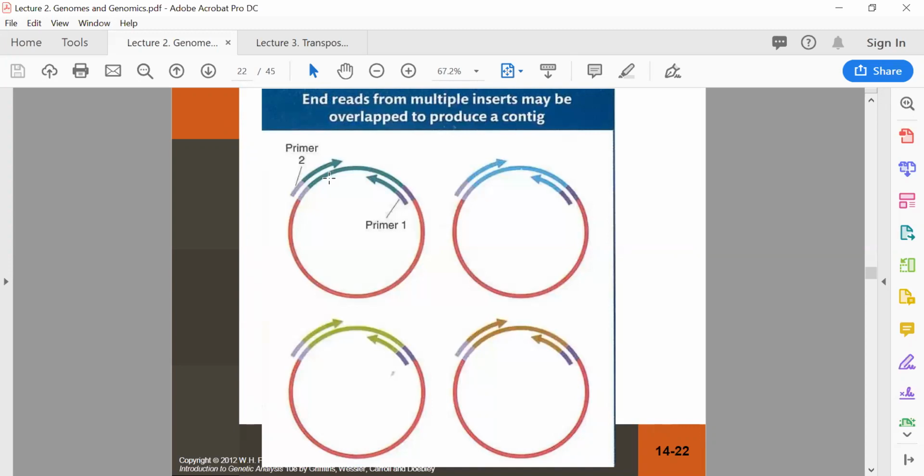That is by matching those overlapping sequences. And those overlaps are assembled into those sequence contigs that we mentioned earlier, where contig is referring to a contiguous or touching sequence. That's what we mean by contig.